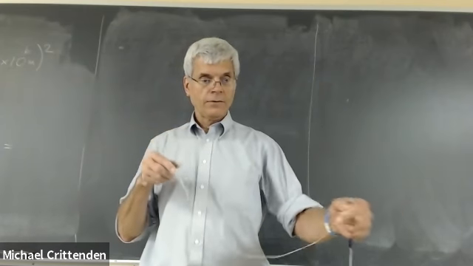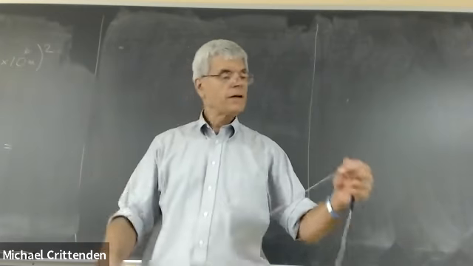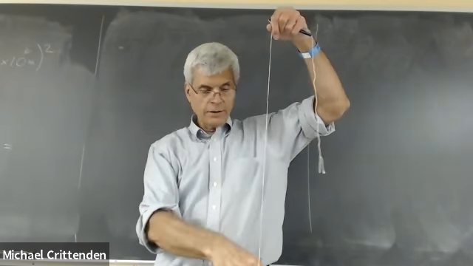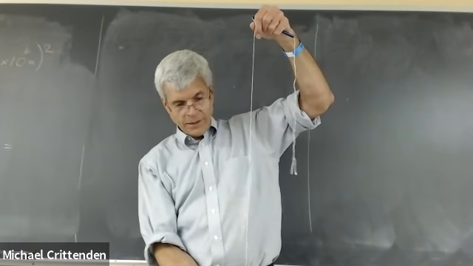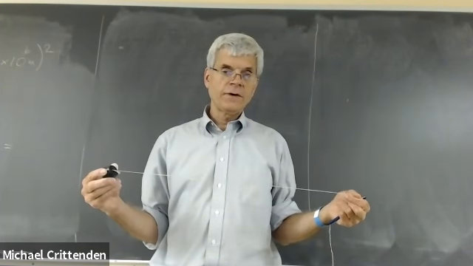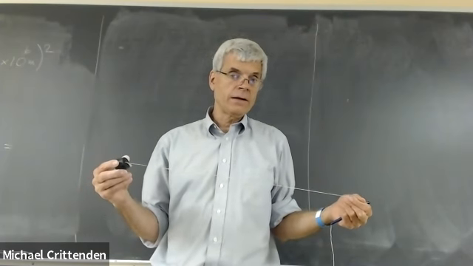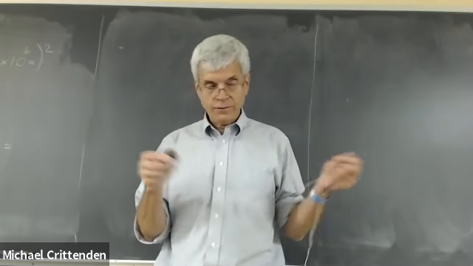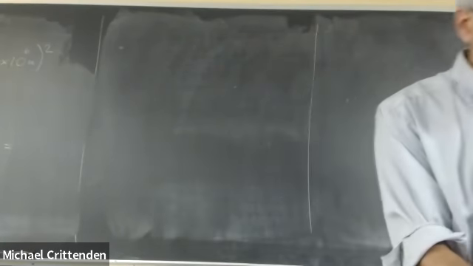You've got a radius vector that points from the center out to the cork, and a force vector that points straight back toward the center again. Those two vectors make a 180-degree angle. Torque is r F sine theta, and sine of 180 is 0.